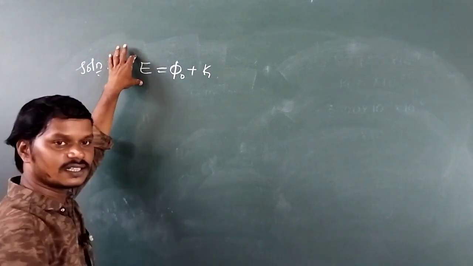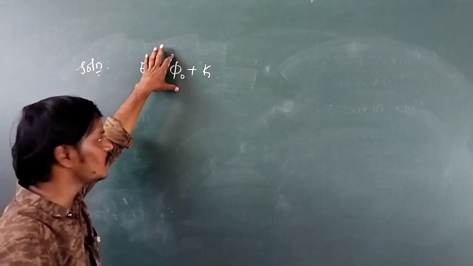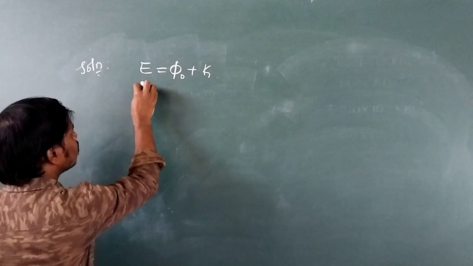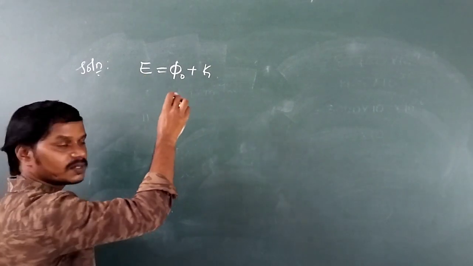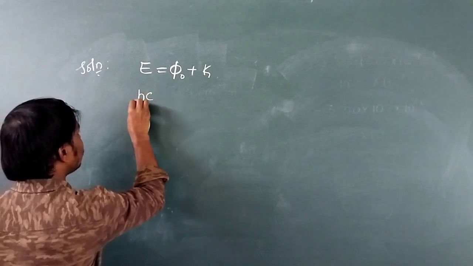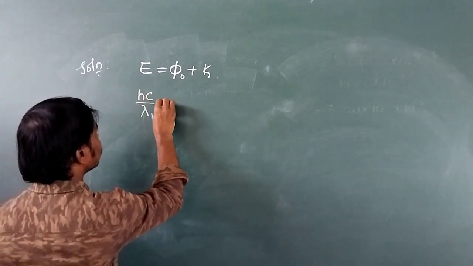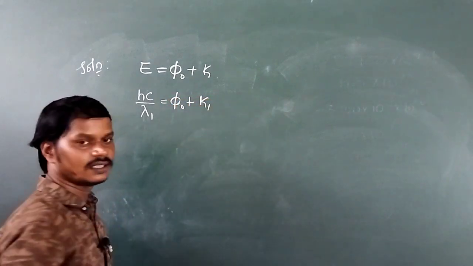Once again, E is the energy of incident radiation, phi naught is the work function of the emitter surface, and K is the kinetic energy. Now, for the first wavelength, that is lambda 1, we can write the energy of incident radiation as hc by lambda 1, that is equal to phi naught plus K1.